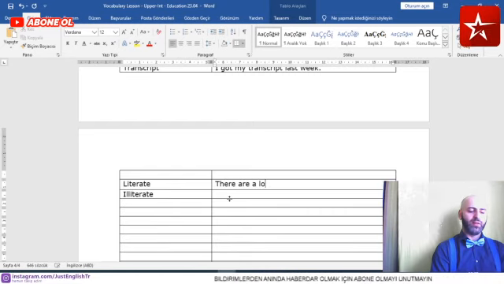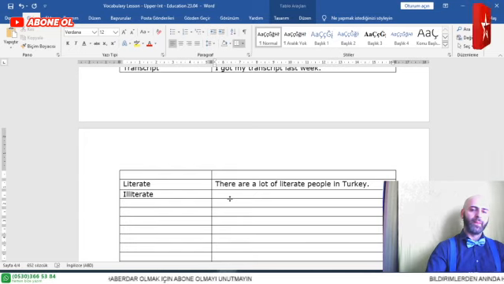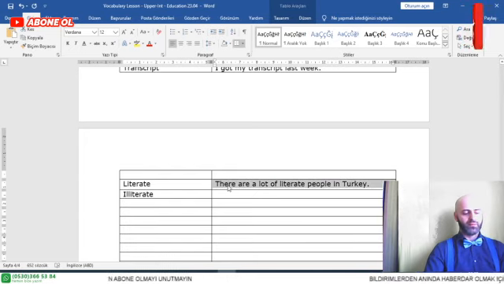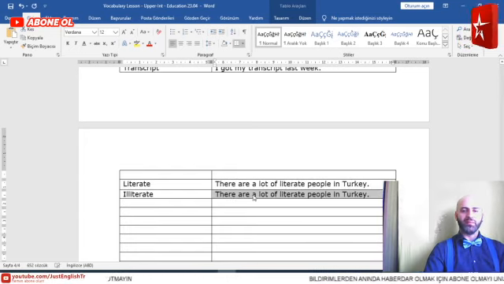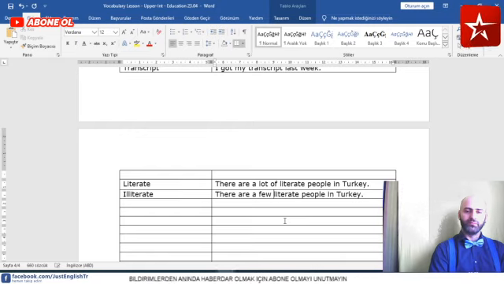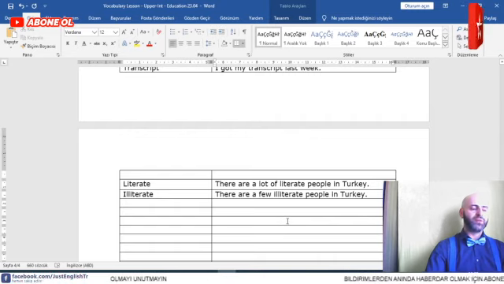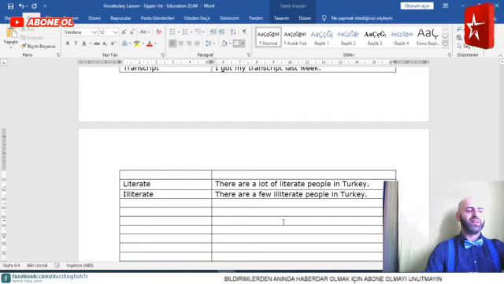There are a lot of literate people in Turkey. And I will give you the same example here. I will change "a lot" with "a few": a few illiterate people in Turkey. Okay, so literate is the person who can read and write, and illiterate is a person who can't read and can't write.